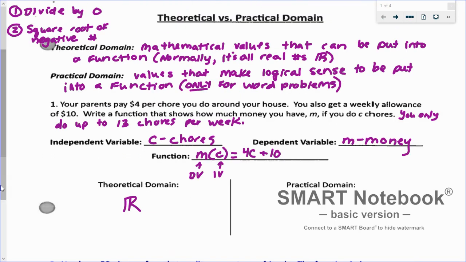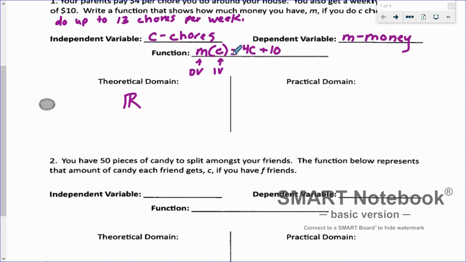My practical domain, though, is what can go in for C, what makes practical sense. Well, I can't do any negative chores. It wouldn't make sense to put a negative number in for C. So the least number of chores I could do is 0. Oh, and I shouldn't put the letter X. Normally we put the letter X for domain because it's an input, but here our input is C. So I want to make sure my variable matches my formula.